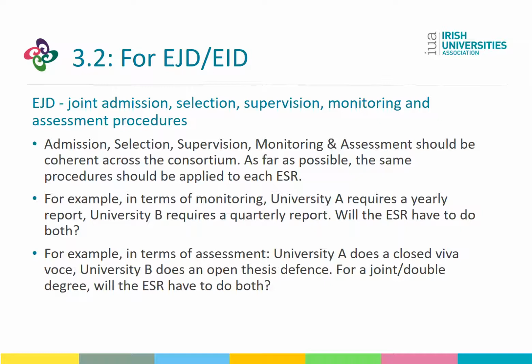So for example, in terms of monitoring, if University A requires a yearly report and University B requires a quarterly report, will the fellows have to do both to gain a joint degree or a double degree? And in terms of assessment, again, if University A does a closed viva voce while University B does an open thesis defense, will a fellow have to do both to be awarded a joint or double degree? So these are all details to be defined, discussed with the partners, and then written down.